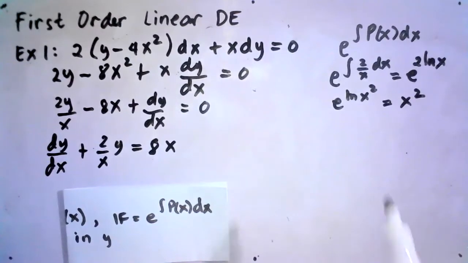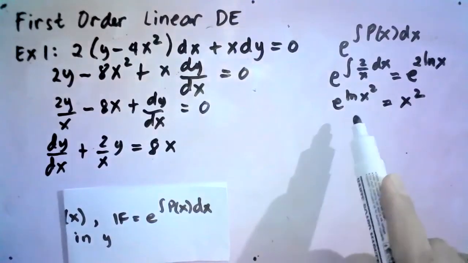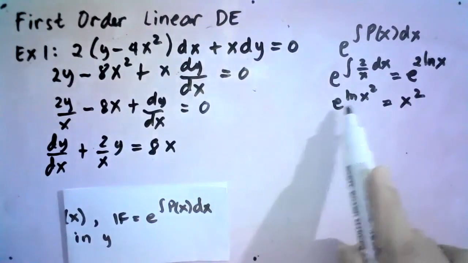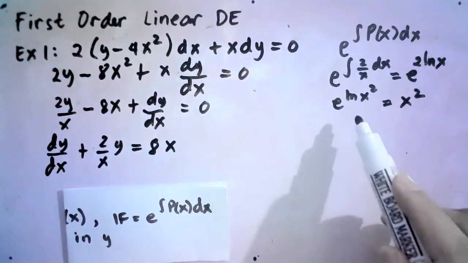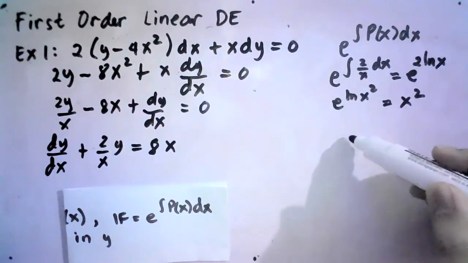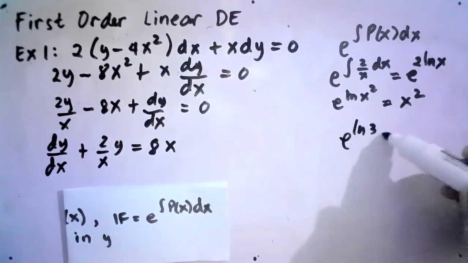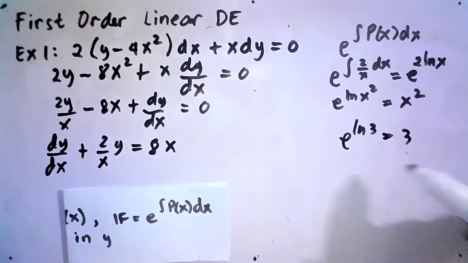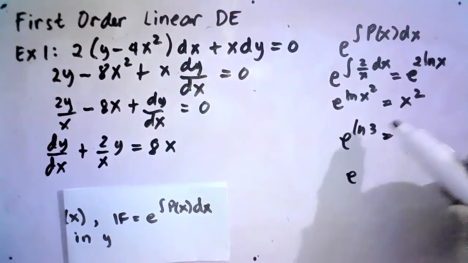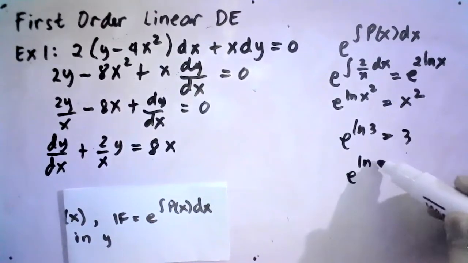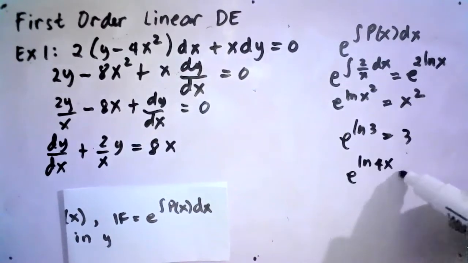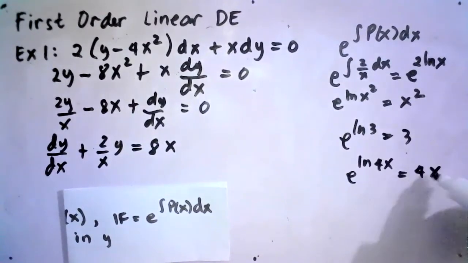This is by rules of exponential and logarithmic functions. For example, if we have e raised to ln of 3, that is equivalent to 3. If we have e raised to ln of 4x, then that is equivalent to 4x. So that's the case for this part.